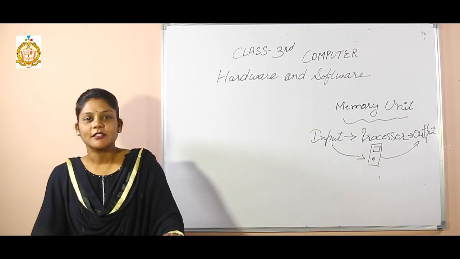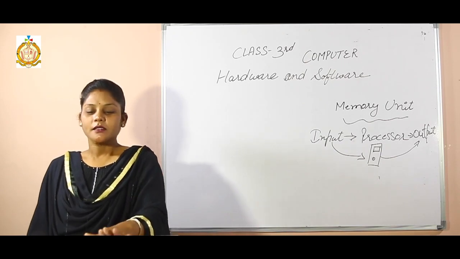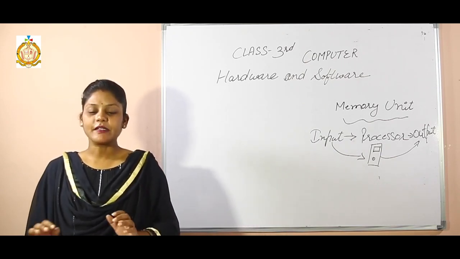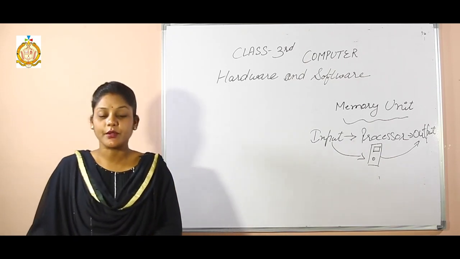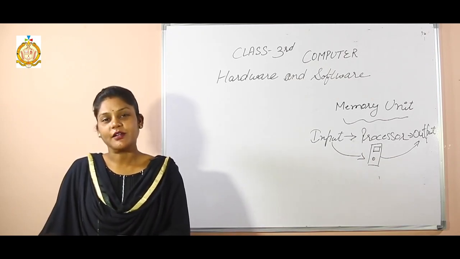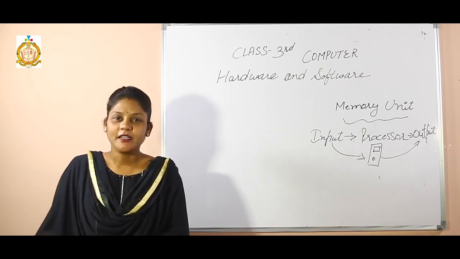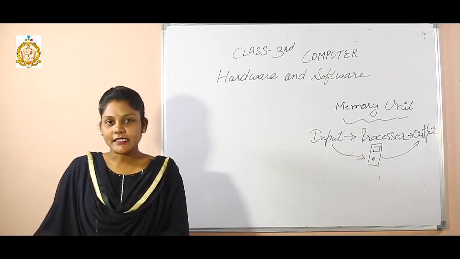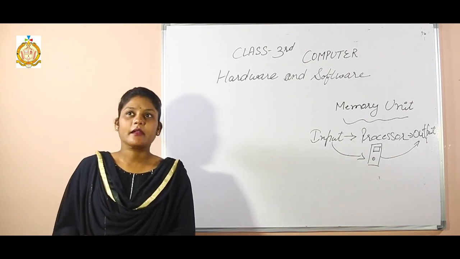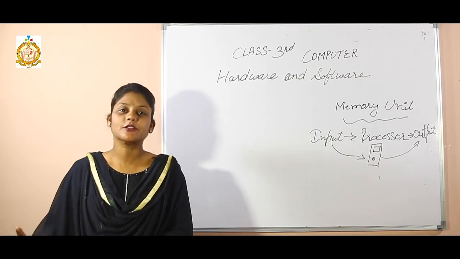Clear, students? So our next topic is what is software. Software is a set of instructions that tell the computer hardware what to do and how to perform a particular job. So you cannot touch or feel the software. Clear? That is one CD, in this CD there exists one software, and you can use the software.